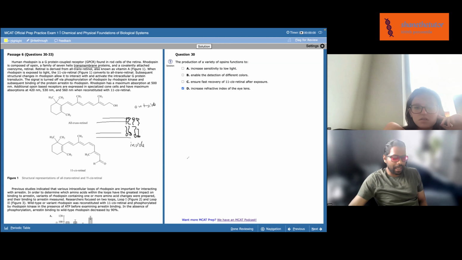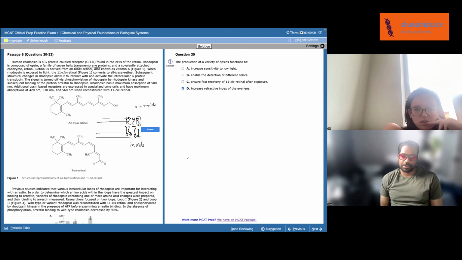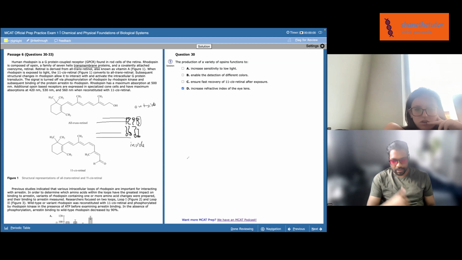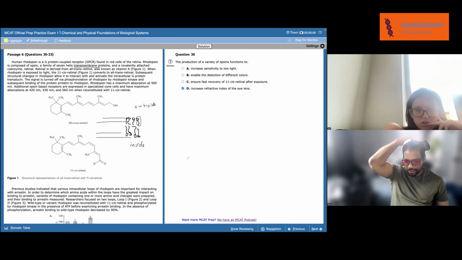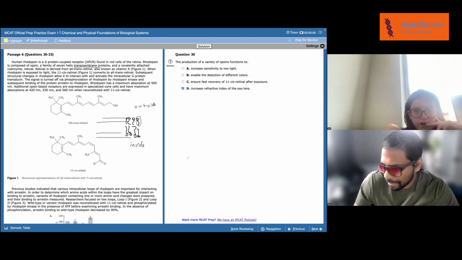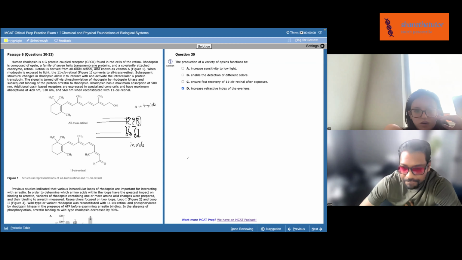Now, what are these made out of? Phospholipid. Good. What's special about a phospholipid? They have the polar heads and the non-polar tails.